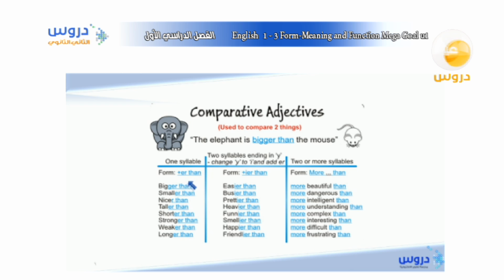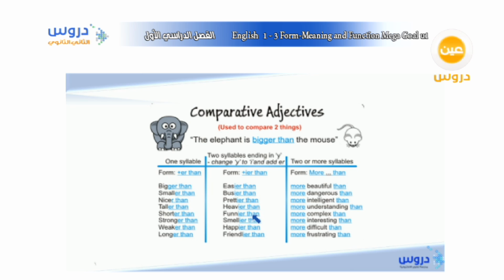Tell me yes or no. No, not always. Sometimes we use ER, sometimes we double the last letter, and sometimes we drop Y and add IER, sometimes we add more.